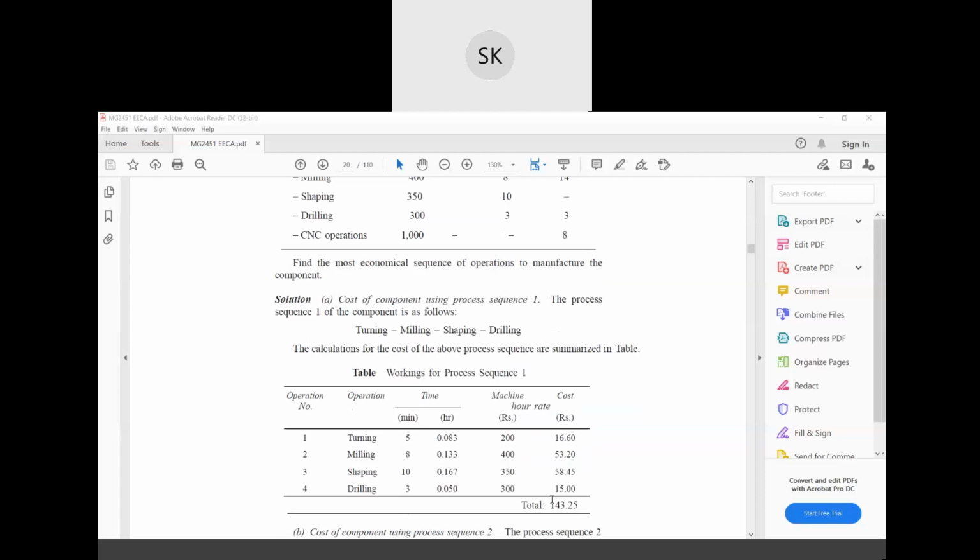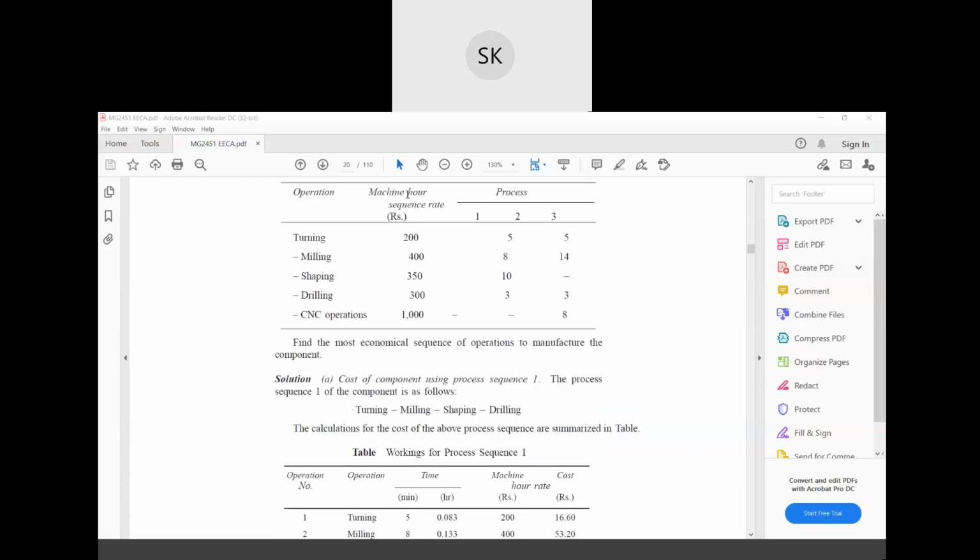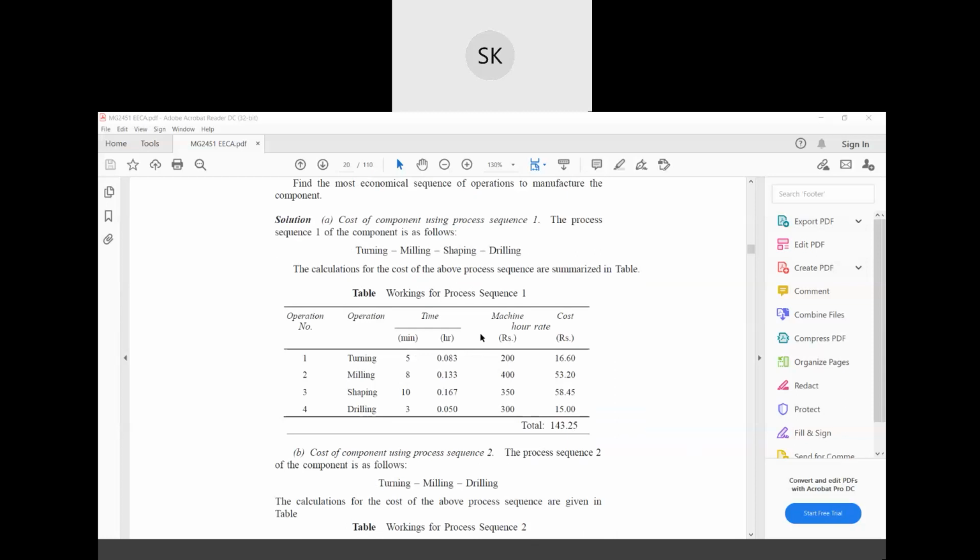The total cost is this one. So this is the cost if you follow sequence one.